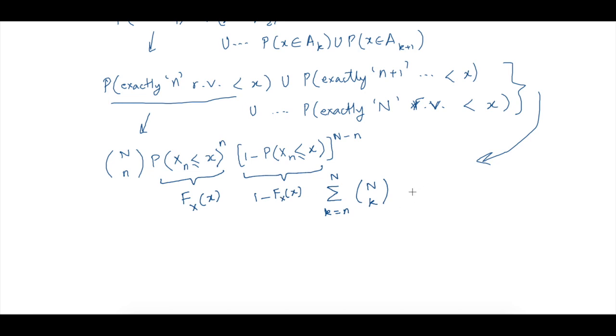So now I can say Fx of x to the k, and then 1 minus Fx of x to the n minus k. So this is the CDF of the nth of them.